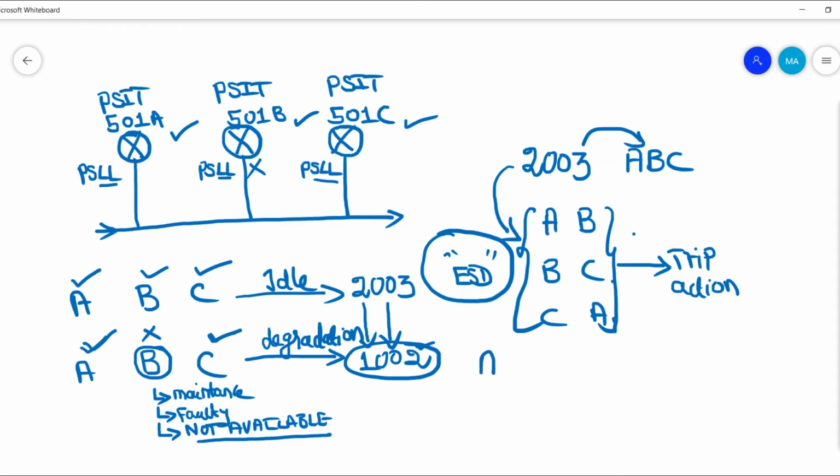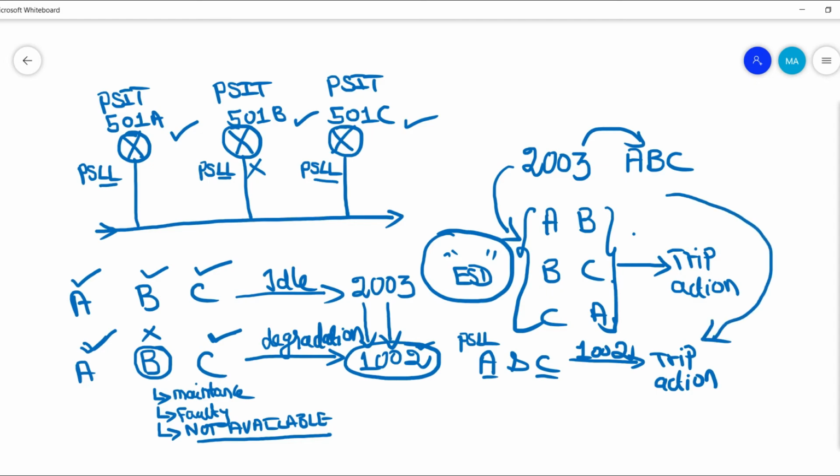We have only two transmitters, Alpha and Charlie, and if the Alpha transmitter senses low pressure, it does not wait for Charlie, immediately trip action will be executed. So this is called 1 out of 2 voting. So basically our 2 out of 3 voting has been degraded to 1 out of 2. This is called degradation logic.